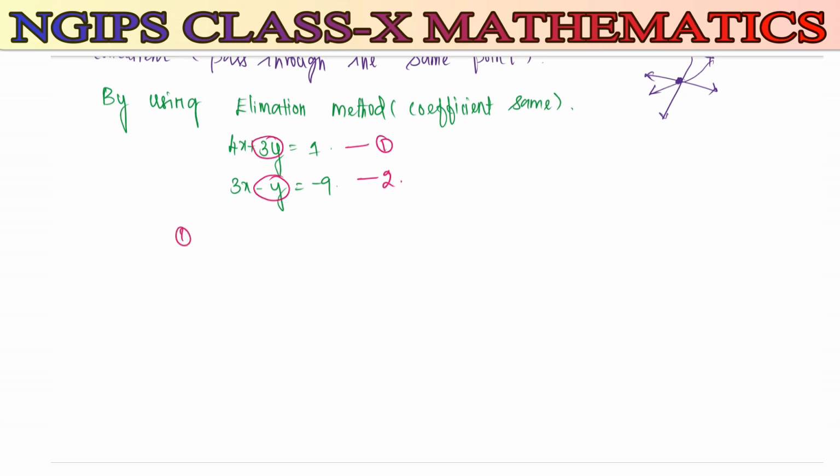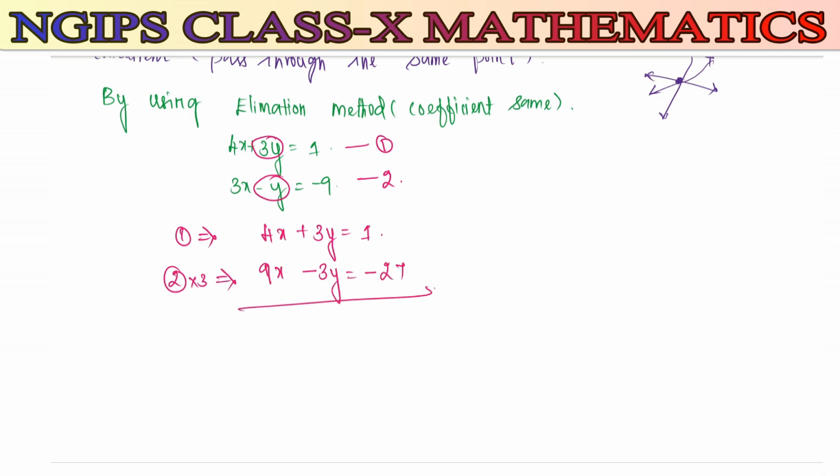So the first equation: 4x plus 3y is equal to 1. The second expression, I am going to multiply by 3: 3 3s are 9x minus 3y is equal to minus 9, 3 9s are 27, so minus 27.